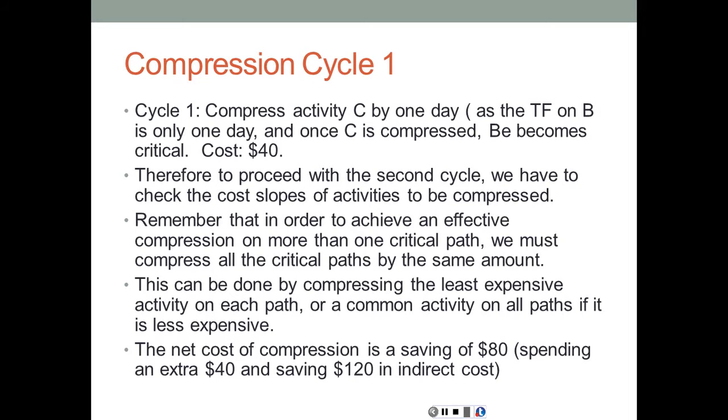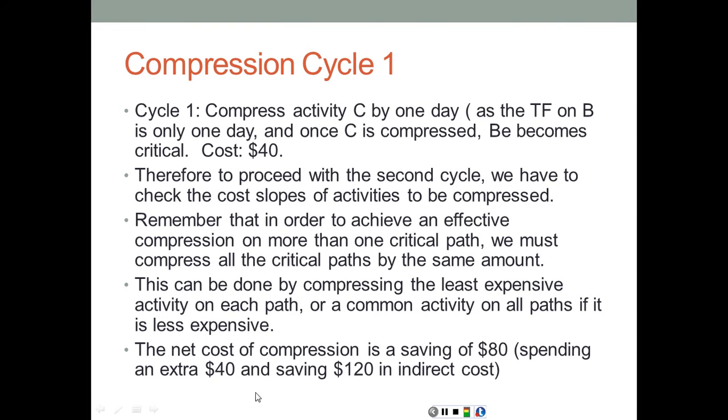So in order to achieve that compression, we have to compress all the critical paths by exactly the same amount. And this can be achieved either by compressing one activity on each one of these paths by the same amount, or looking for a common activity that is shared by all of these critical paths and compressing this activity, which is going to result in a compression for all the existing critical paths.